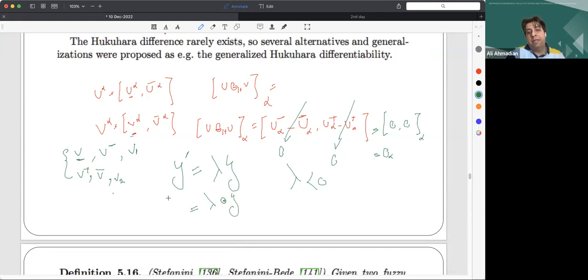The fuzzy multiplication, Y prime, I make it more expanded. So if we consider the generalized Hukuhara difference or generalized Hukuhara differentiability for this simple fuzzy ODE, then over a time interval the uncertainty is increasing.